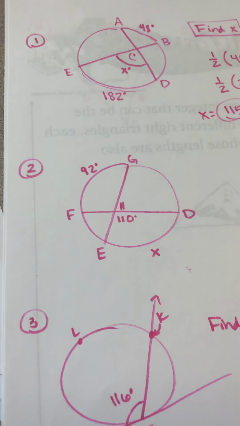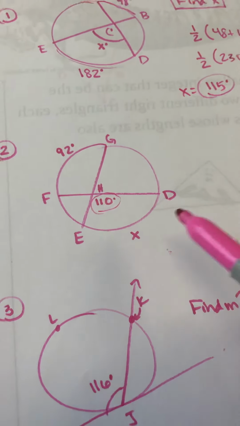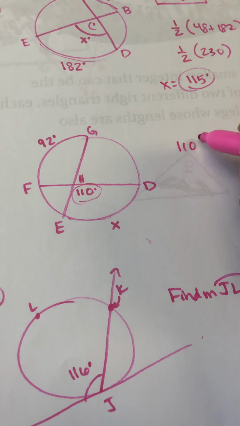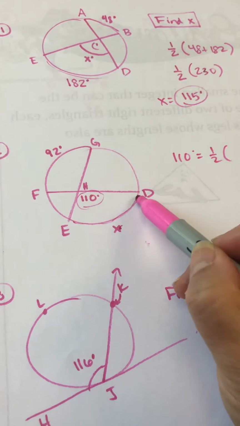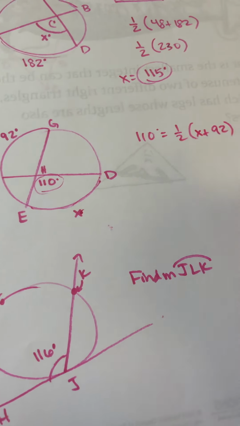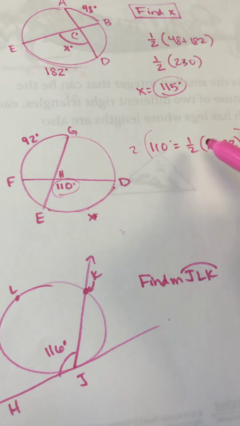Now if you look at this next example, we're given this angle measure, but we need to find an arc length. So I have this equation: 110 equals 1/2 times the arc length X plus 92. I would multiply both sides by 2 to get rid of that 1/2.